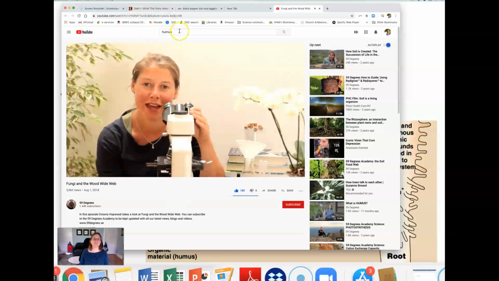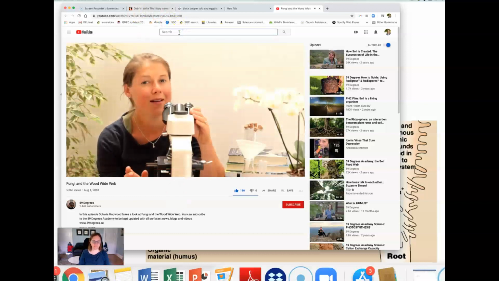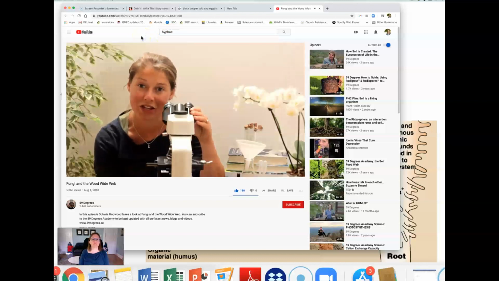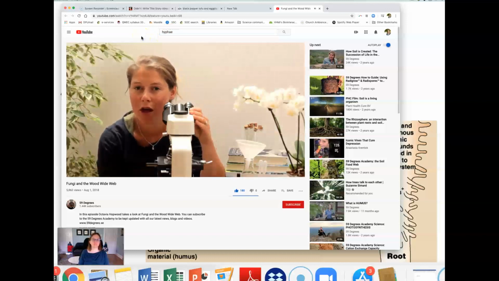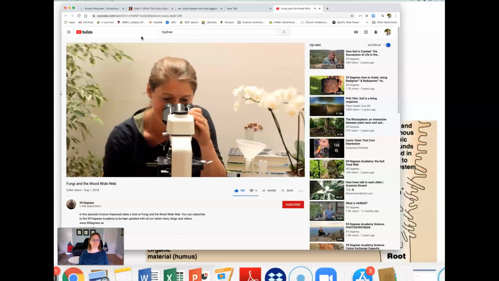Mycorrhizae are a type of fungi that form symbiotic relationships with plants. The plants capture energy from the sunlight and use it to convert carbon dioxide and water into sugar. The plant uses this sugar for cell growth, but up to 80% is returned back to the fungi in return for water and nutrients, which the fungi gets from the surrounding soil.